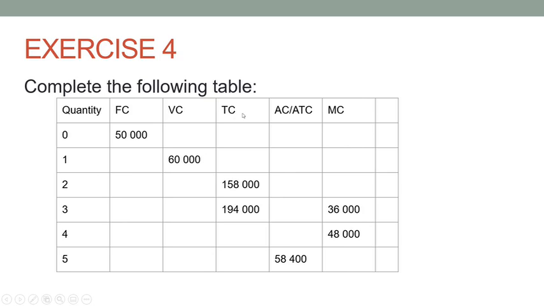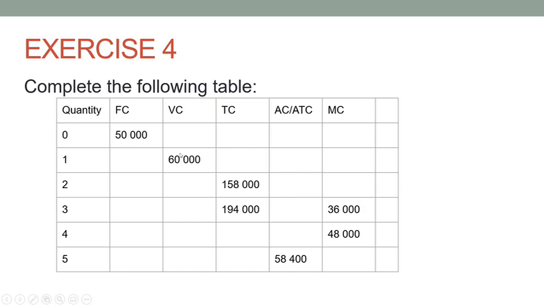And of course, as we said, your total cost is the sum of these two. Your average cost or average total cost is your total cost divided by your quantity. And your marginal cost is your change in total cost divided by the change in quantity.